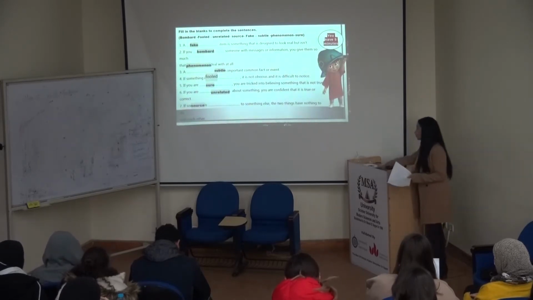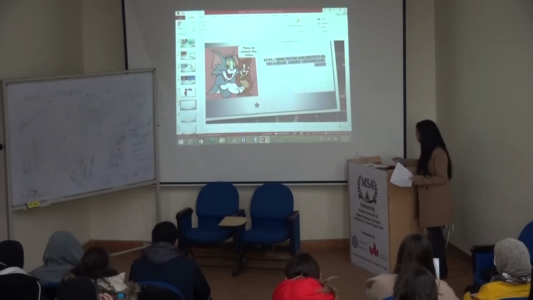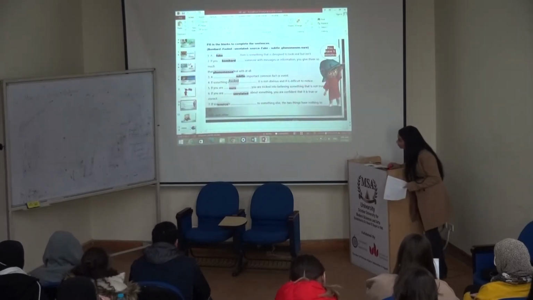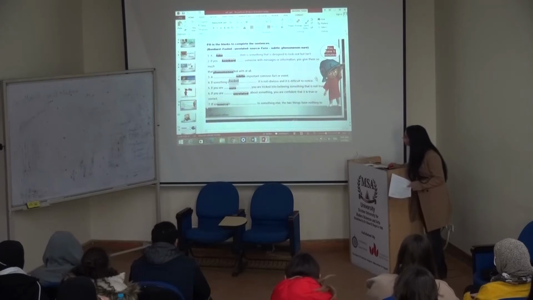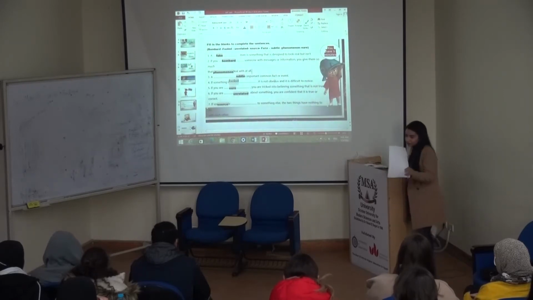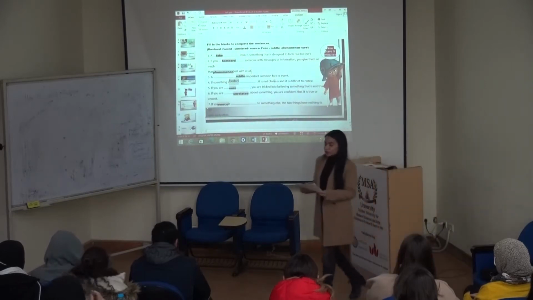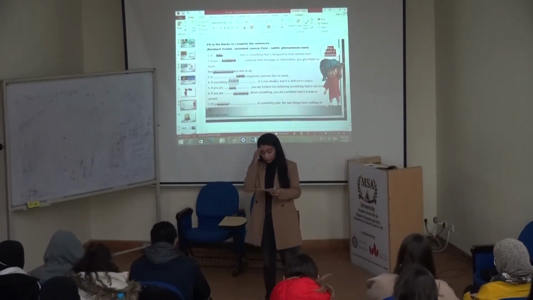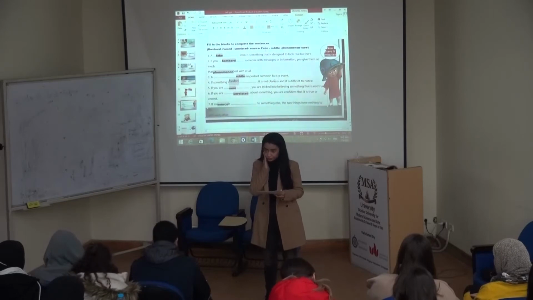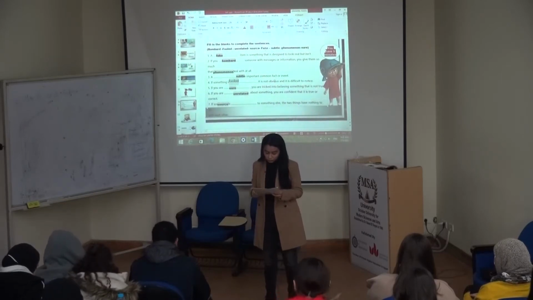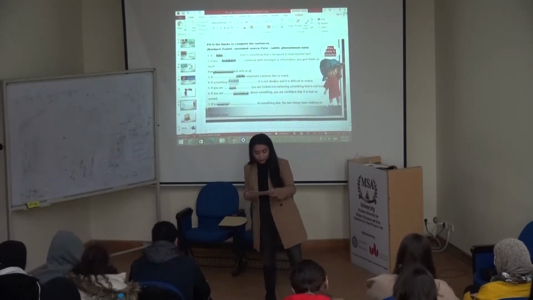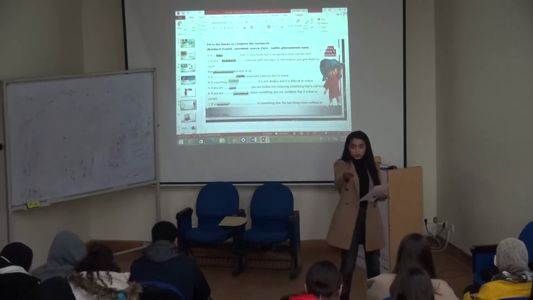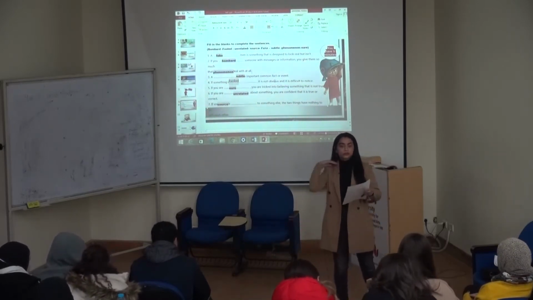Okay, is there something wrong with the slides? Just a second. Okay, let's move on. Let's go forward here. So number 5 was what? Fooled. Fold. Yes, and number 6? Yes, you. Read the whole sentence.